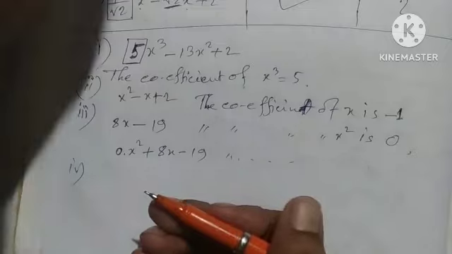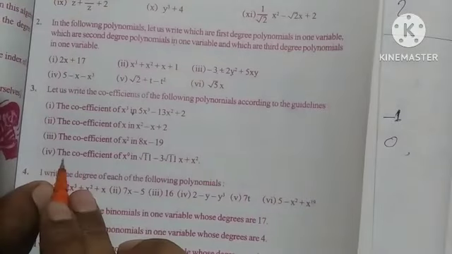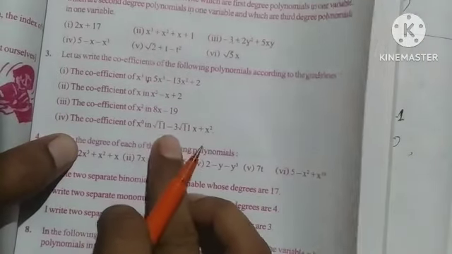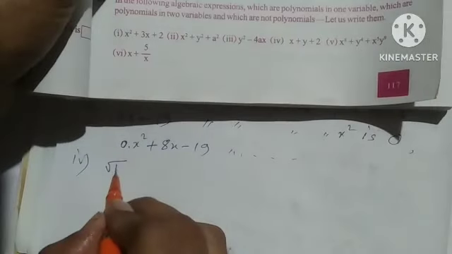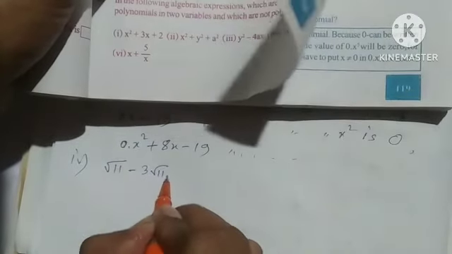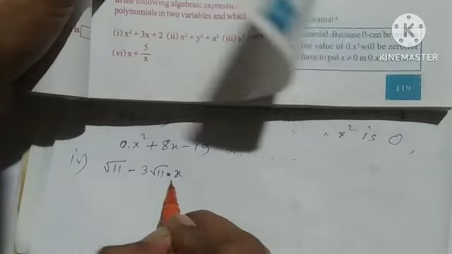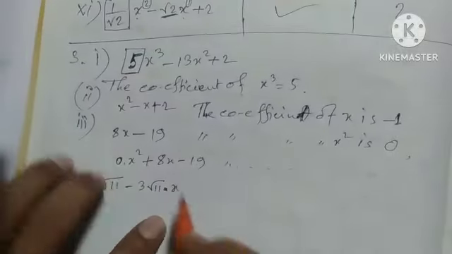Question number 4: the coefficient of x to the power 0 in root 11 minus 3 root 11 x plus x square.